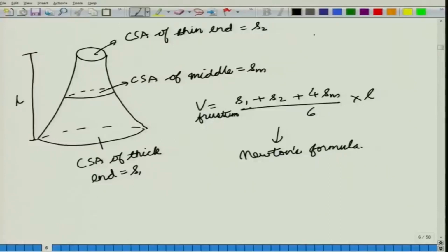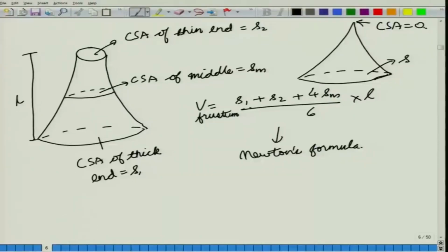Now, if we extended this frustum such that it became a full solid with one end circular, given by the cross sectional area of S, and the other being a point with a cross sectional area of 0, then what would be the volume of the complete neiloid?